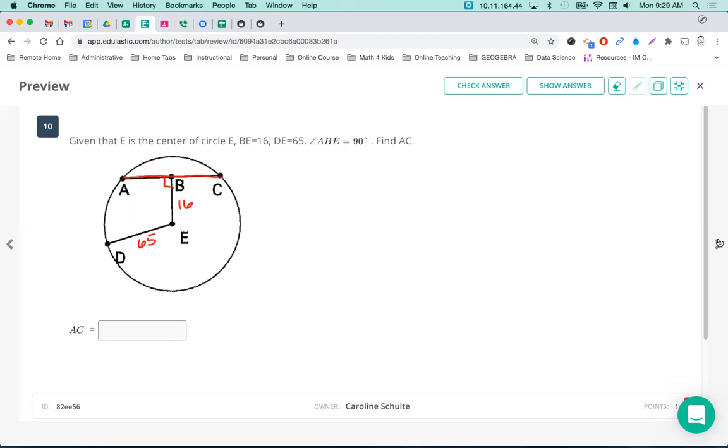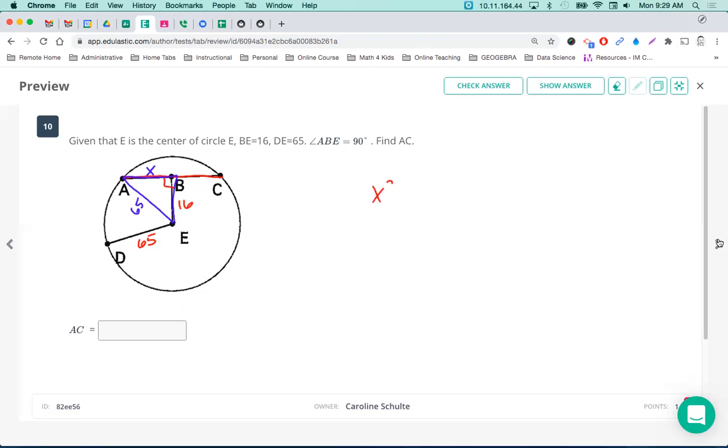And we are trying to find the length AC, that segment. Now what we know about this is that this radius is the same length no matter where I draw it on the circle. So if I draw another radius, that's also 65. And I now have a right triangle where I know 2 of the 3 lengths. So I can solve for that missing side length, which I know is going to be half of AC.